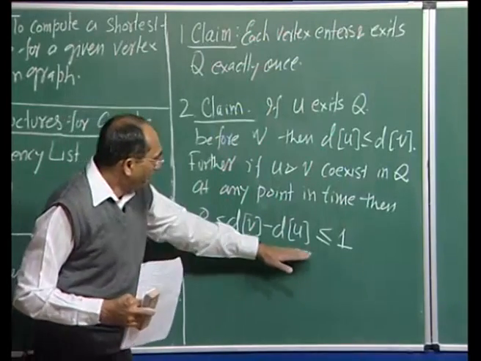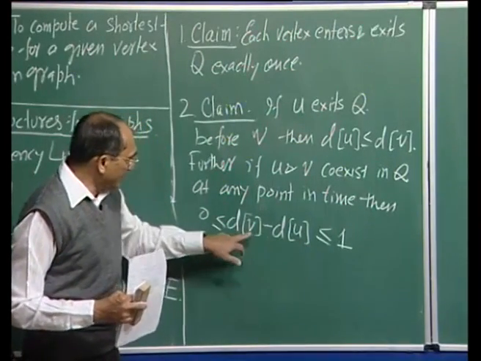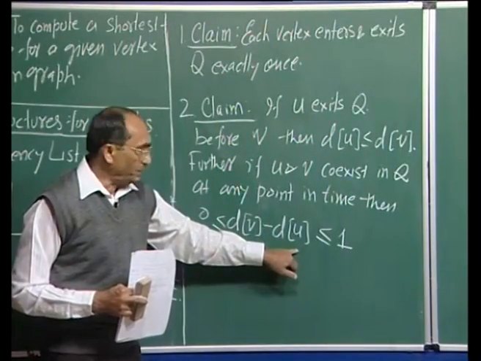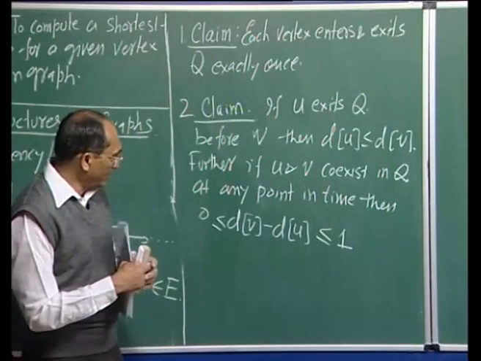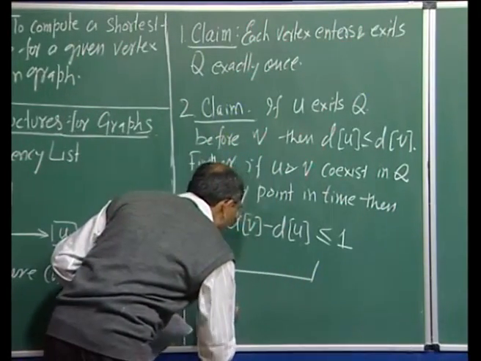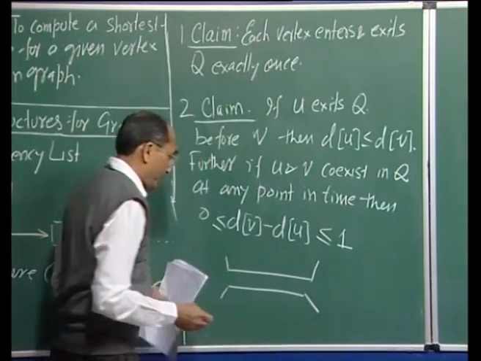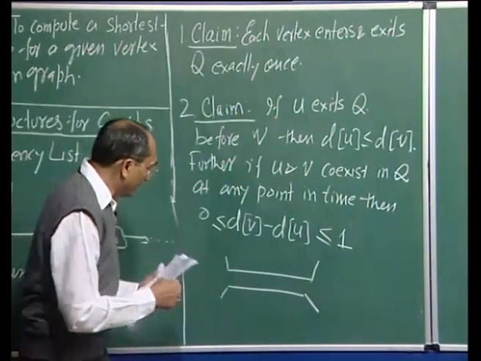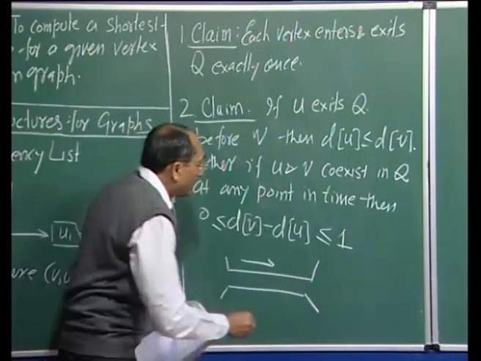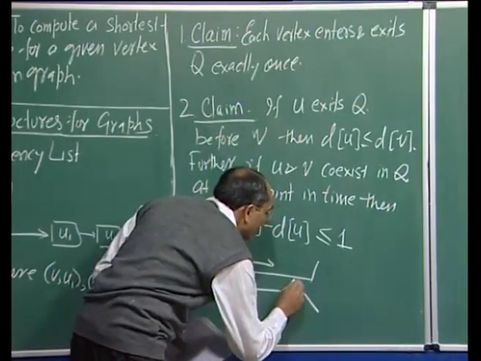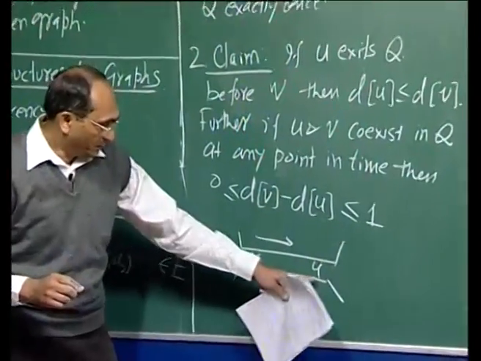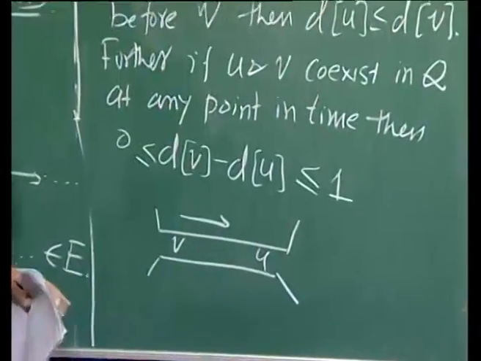So if they are present simultaneously in the Q, then the d values cannot differ by more than 1. How do we see this one? So what we see is that if this is the Q and this is the direction of the Q, then let's say this is our U and this is V, say the front and the end vertices are U and V.